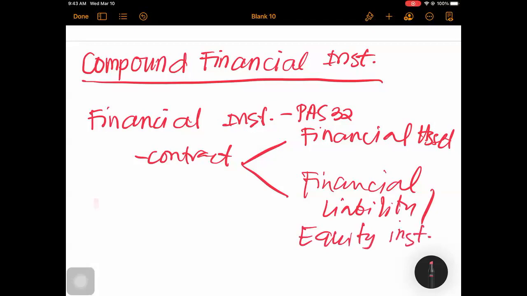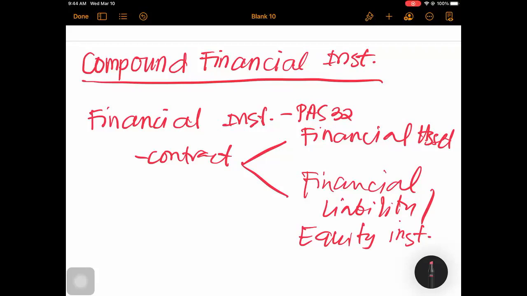Okay. So a financial instrument is a contract between parties in which one of the parties recorded a financial asset and the other party incurred a financial liability or equity instrument. Therefore, there must be two parties involved, and there must be a contract between the parties.